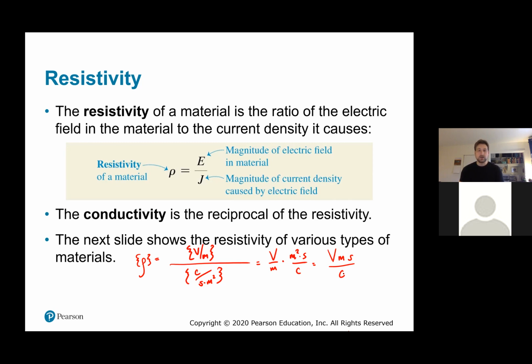Trying to figure out where we got ohms from. But this, seconds over coulombs, is the reciprocal of the units for current. So volts, meters per amp.